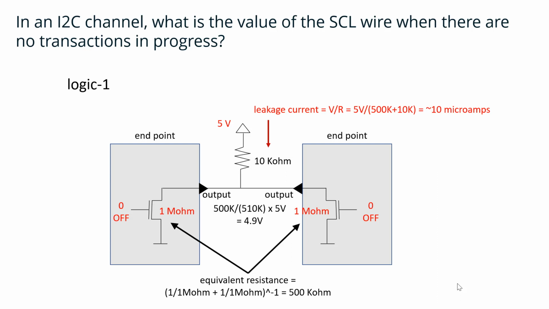So if you look at this like a voltage divider, that output wire is going to look like a logic 1. It's going to be near the power supply voltage. There's going to be a drop, but it's only the drop over this 10 kilo ohm resistor. So there will be a slight voltage drop there, but it should be safely outside of what's called the forbidden zone, which is the voltage values right in the middle between 0 and 1. Okay, so the answer is logic 1.